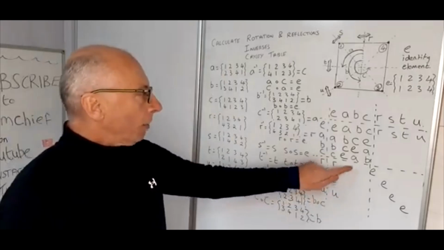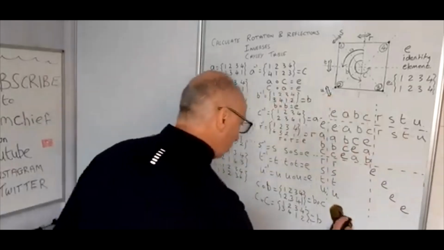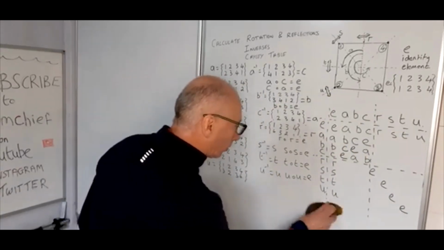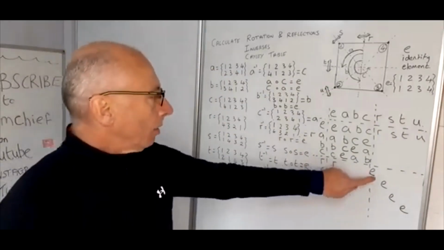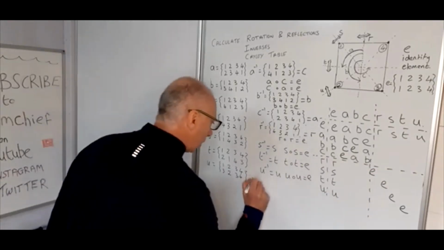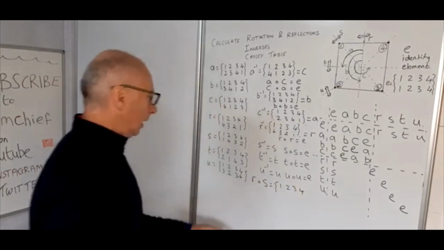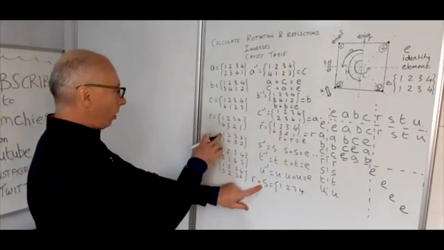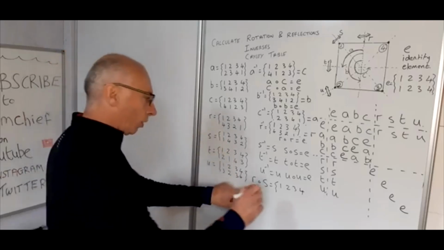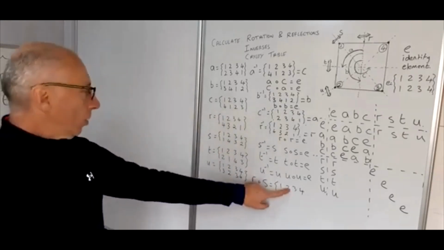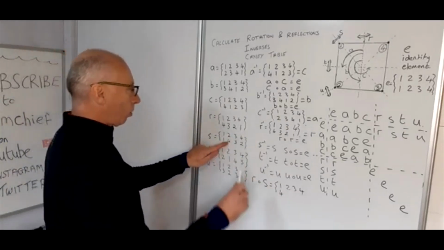Let's have a look now at the reflections acting on each other. So let's have a look now at R acting on S. So 1, 2, 3, 4. So if we take S first, position 1, 1 goes to 1, and then we inflict R on it, then 1 will then go to 4. 2 on S goes to 4, and then in R, 4 goes to 1.